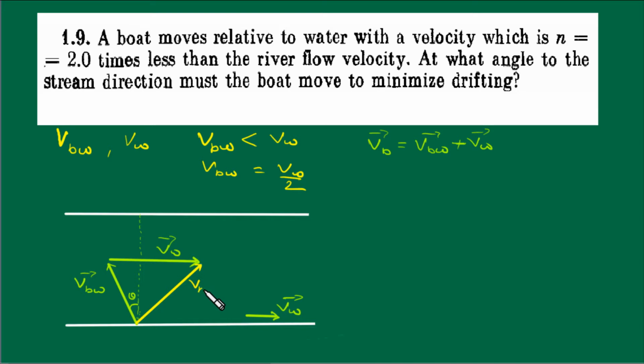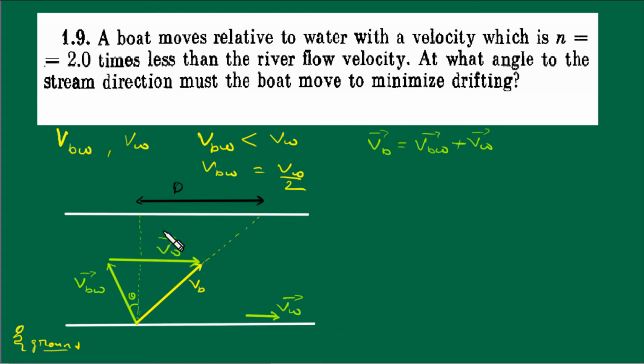This is what a person sitting on the ground will see, that finally the boat is going in this direction, right? So whatever displacement of the boat happened in the direction of the flow of water is called drift. We all very well know it. What is drift? Displacement in the direction of flow of water. We call it drift, and we have to minimize drift.